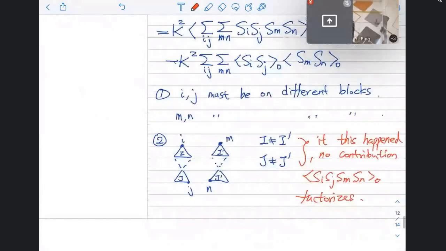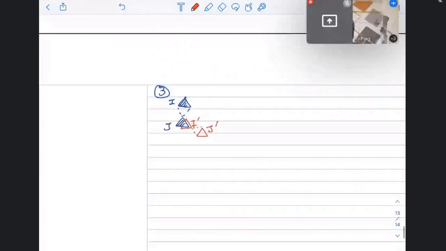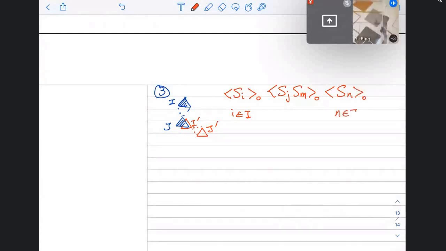And what you expect to have is that this thing should have something like Si, where I belongs to I, and some stuff like Sj and Sm, Sn over H0, where N belongs to J prime. So at linear order in B, we already calculated this object, right?